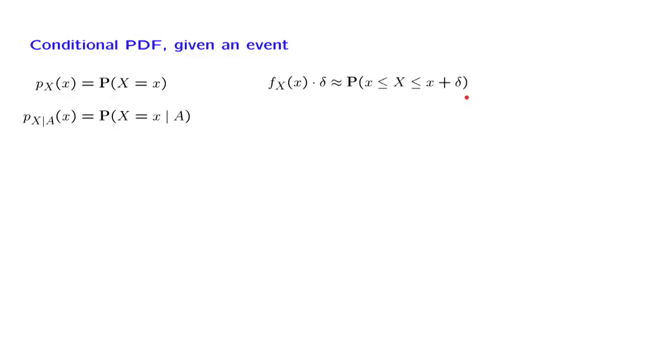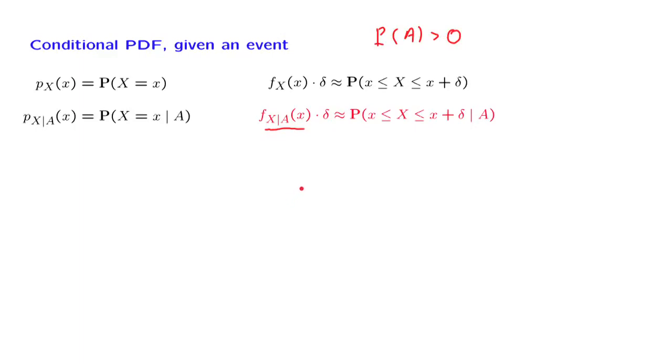If we move to a conditional model in which event A is known to have occurred, probabilities of small intervals will then be determined by a conditional PDF, which we denote in this manner. Of course, we need to assume throughout that the probability of the conditioning event is positive, so that conditional probabilities are well defined.